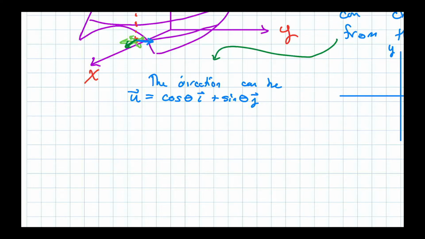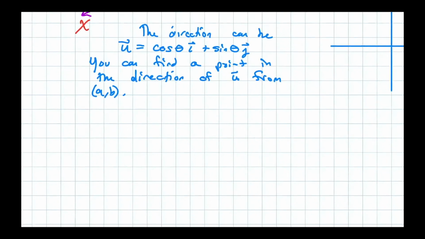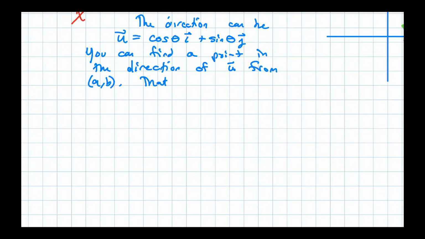If you use this direction, which has unit length, length 1, you can find a point in the direction of that unit vector u from (a, b).